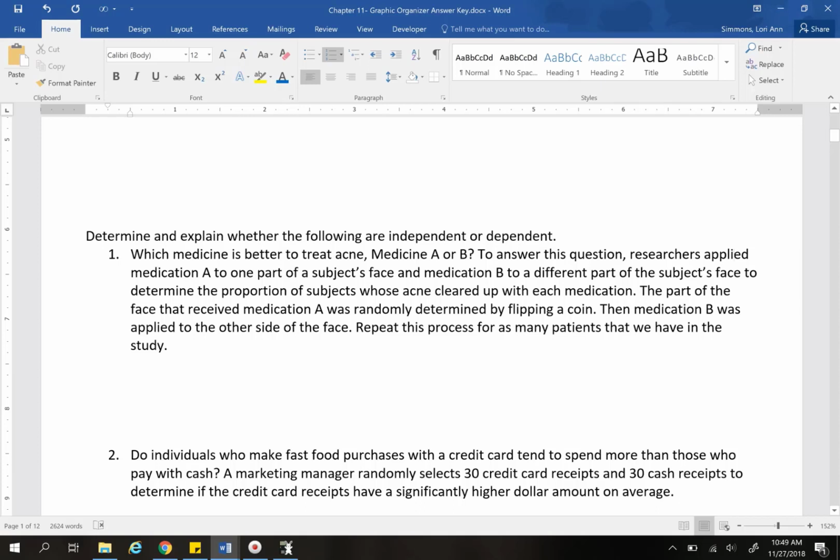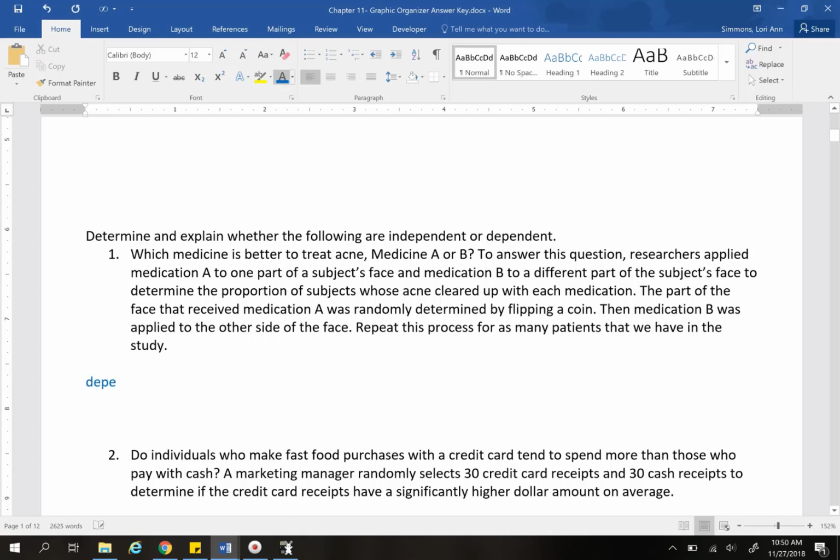The part of the face that received medication A was randomly determined by flipping a coin. The medication B was applied to the other side of the face. Repeat this process for as many patients that we have in the study. So, would this be independent or dependent?